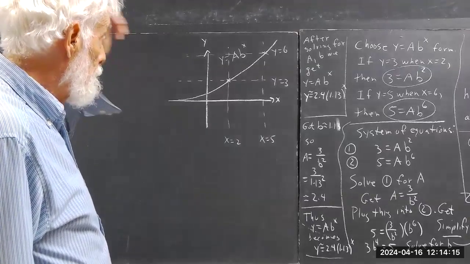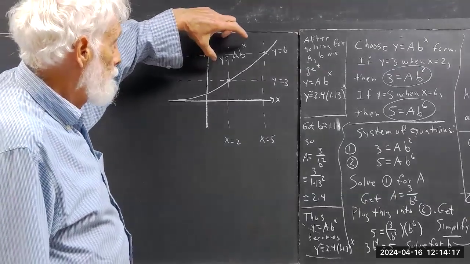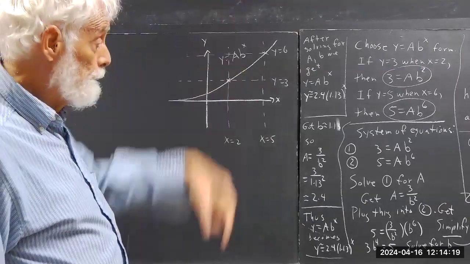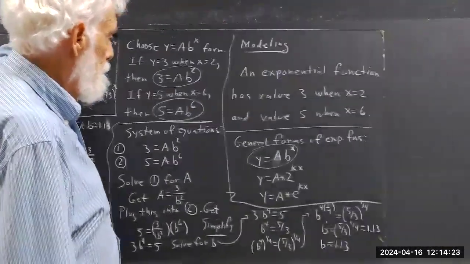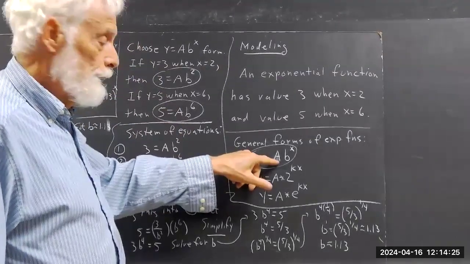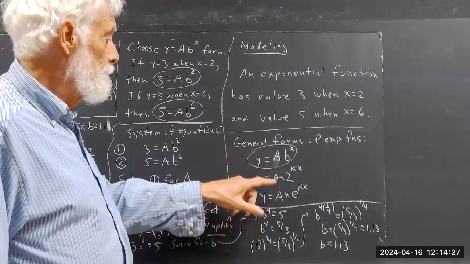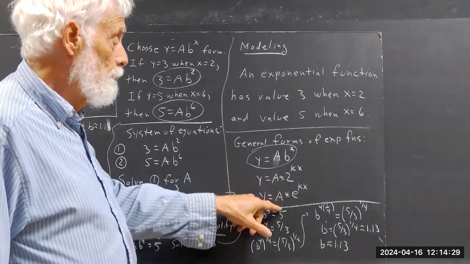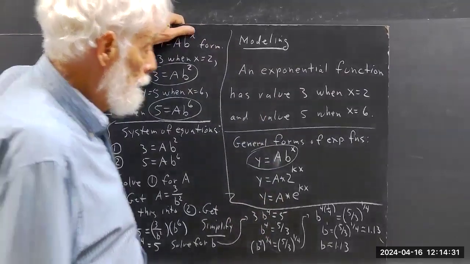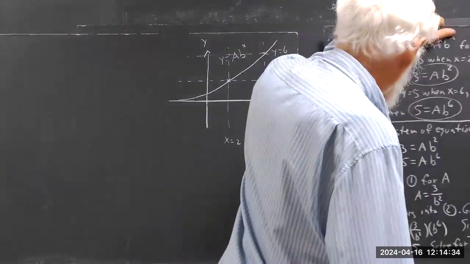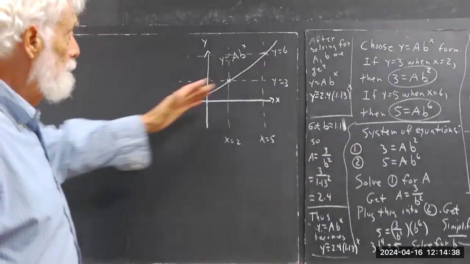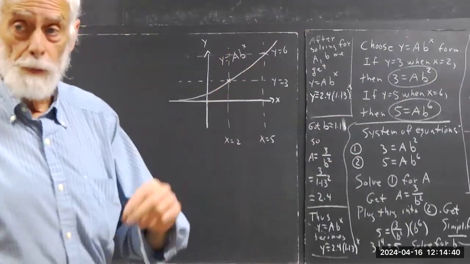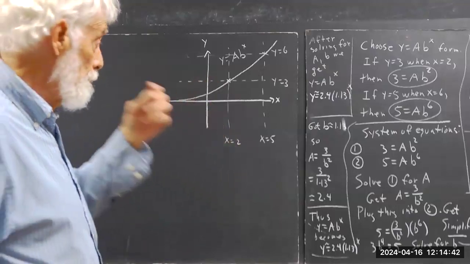That exponential function could be expressed in the form y equals ab to the x. We use that form because that's the one we chose, but it could also be in this form or this form, or actually in a number of other possible forms. Any of those forms will give us the exponential function, and every one of those forms is equivalent to every other.